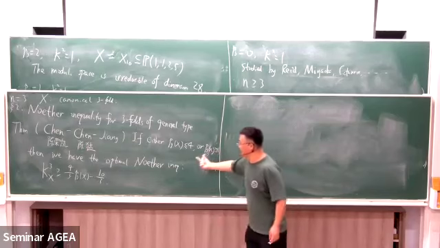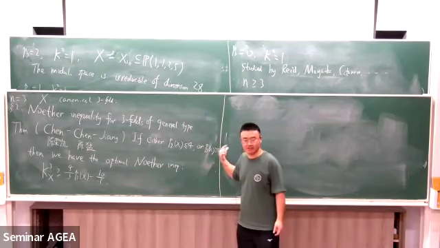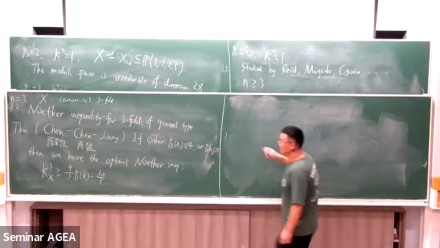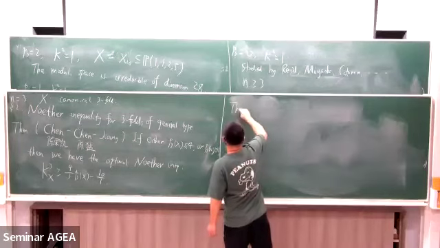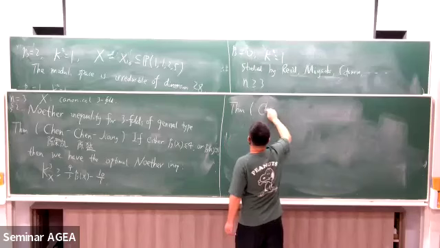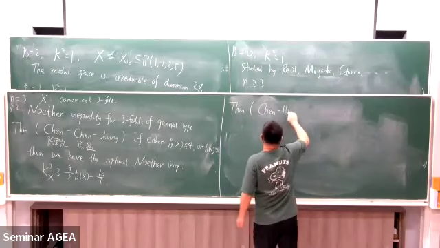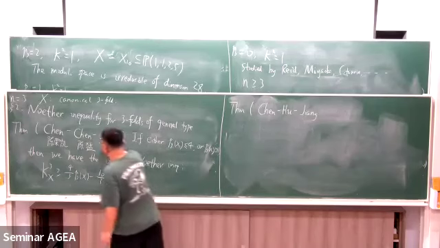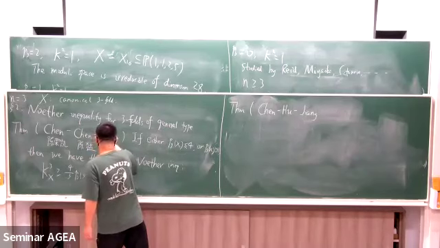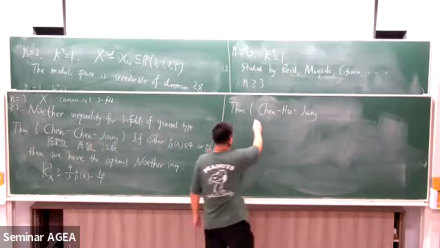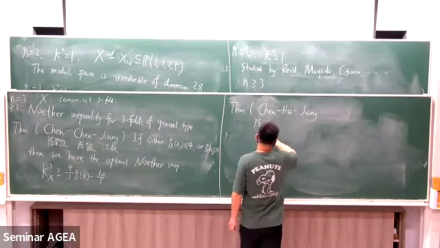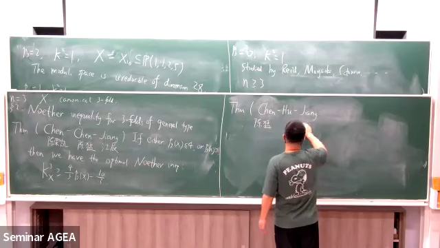So the remaining case is that the geometric genus is larger than or equal to 5 and less than or equal to 10. This was proved by Meng Chen, myself and Chen Jiang. This is Meng Chen and myself and Chen Jiang.